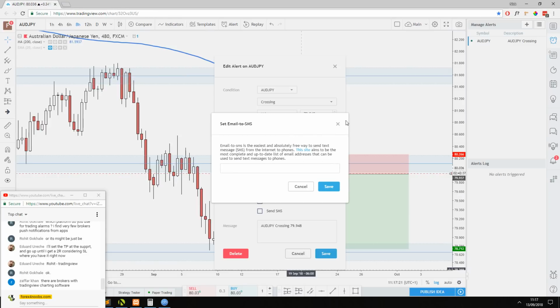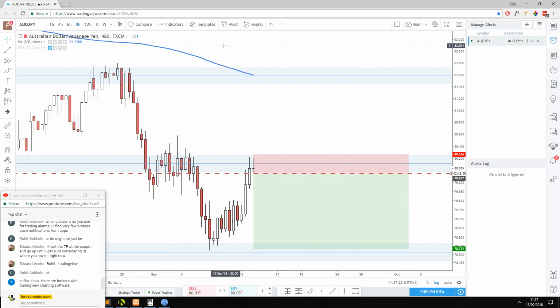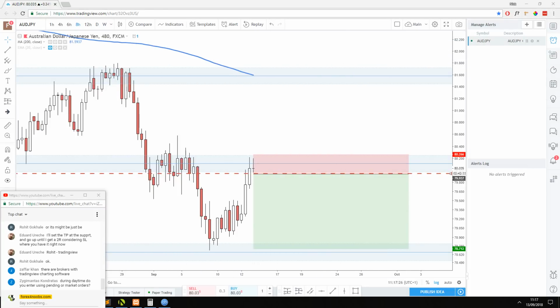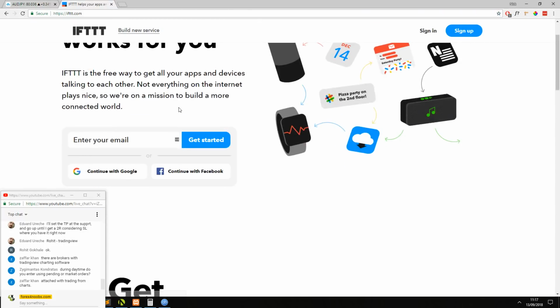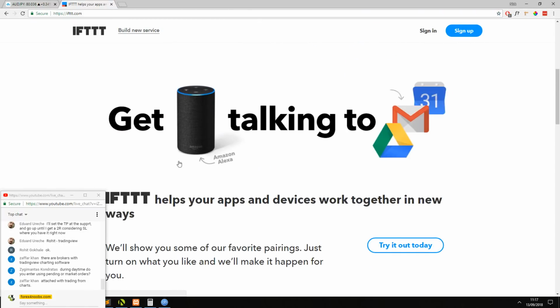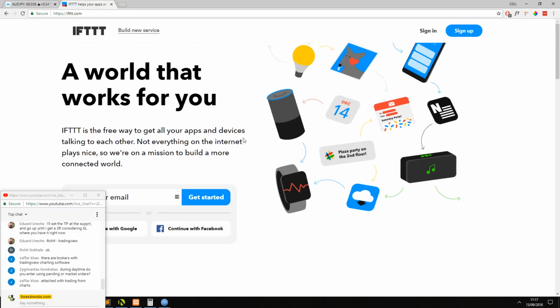There are other ways to do it. There's a lot of ways to do it. You can get an email to SMS service, which charges you per SMS, but if you buy in bulk, it can be quite cheap. That's obviously not going to be good for everyone. You can use If This Then That, which basically connects apps.